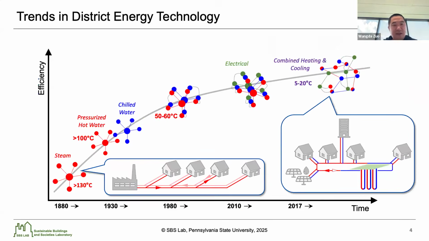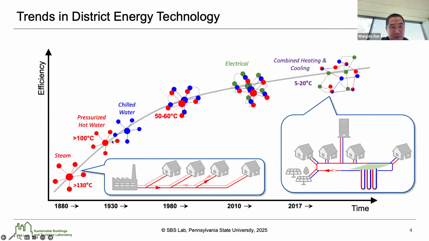If we look at the history of district energy systems, it's not a new technology. It starts around the 1880s with steam-based heating systems, which are still used today. We supply very high temperature steam to buildings.